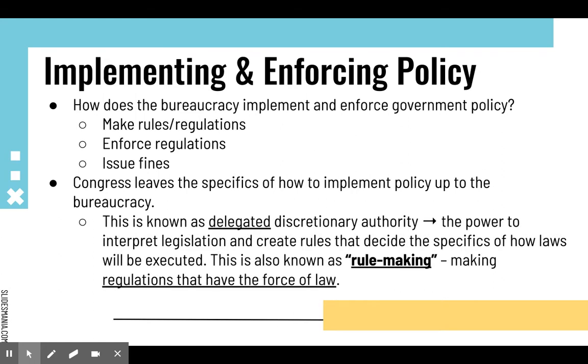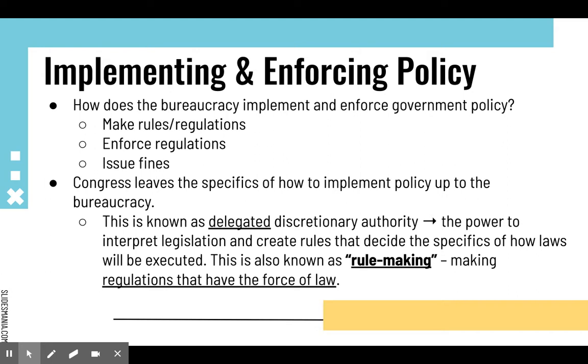And this is what is known as delegated discretionary authority. The power of the bureaucracy to interpret legislation and create rules that decide the specifics of how the laws will be executed.